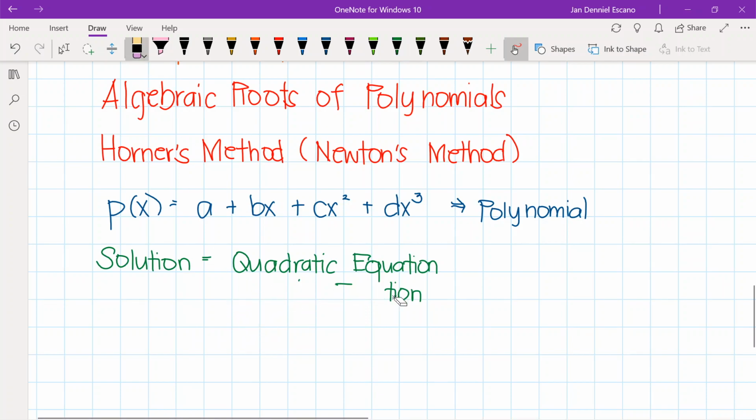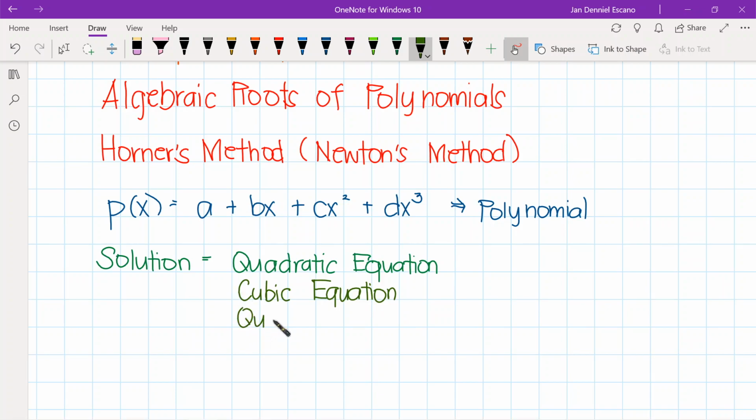Oh, sorry, before quartic equation, we have cubic first before quartic. So cubic equation, we can use this. And quartic, wherein a polynomial is in a fourth degree.